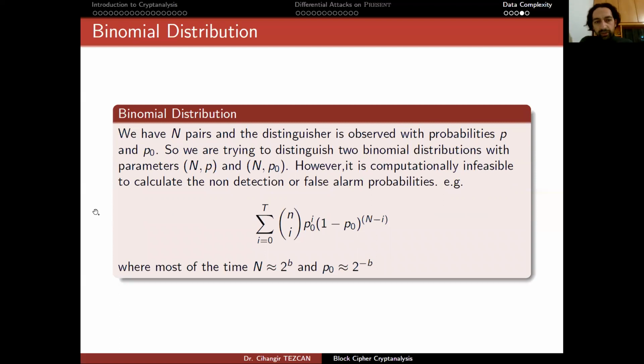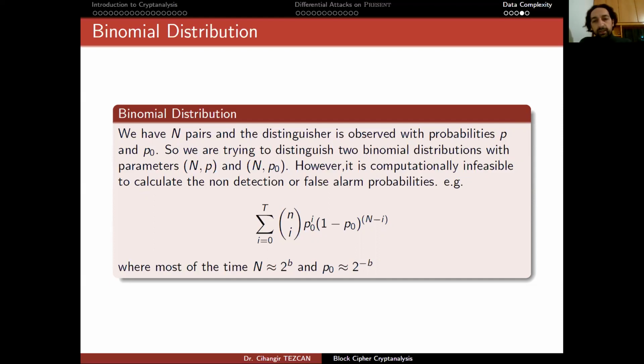But first recall what a binomial distribution is, and let's see why we cannot compute these values using a computer. So we have n pairs, and the distinguisher is observed with probabilities P and P0 for two different cases. One is the distinguishing attack. P is the probability for the random permutation, and P0 is the probability for the cipher, which you find the distinguisher for, which has a weakness.